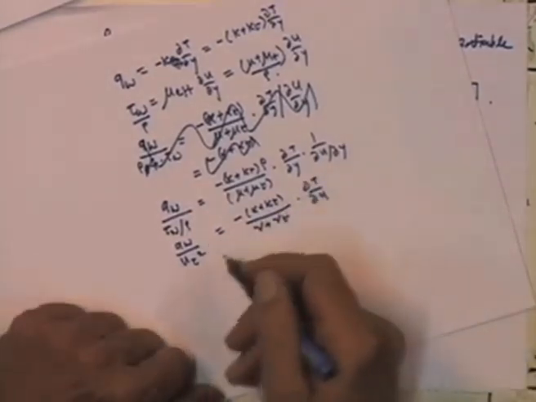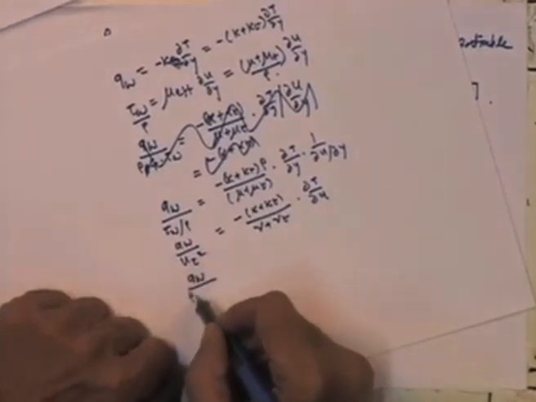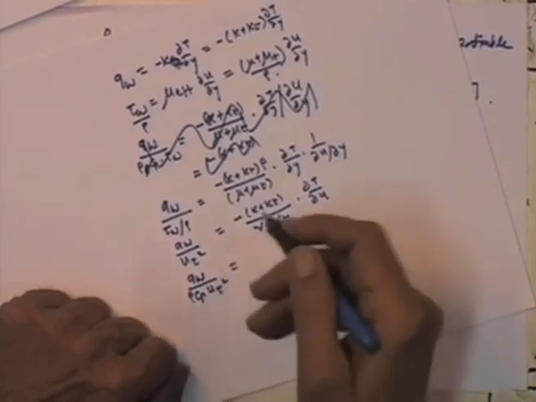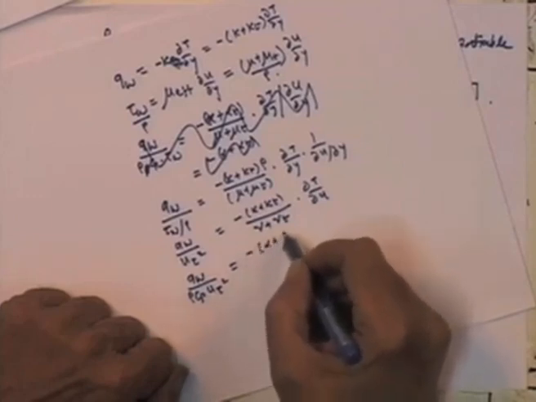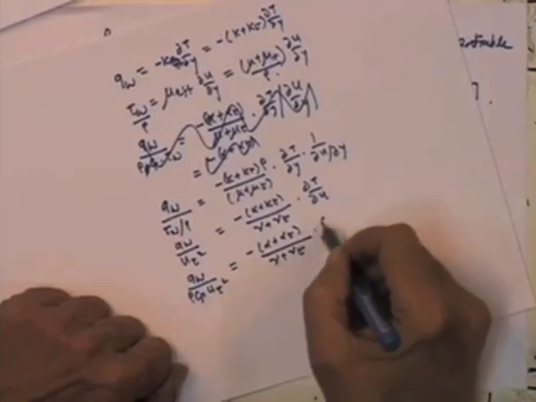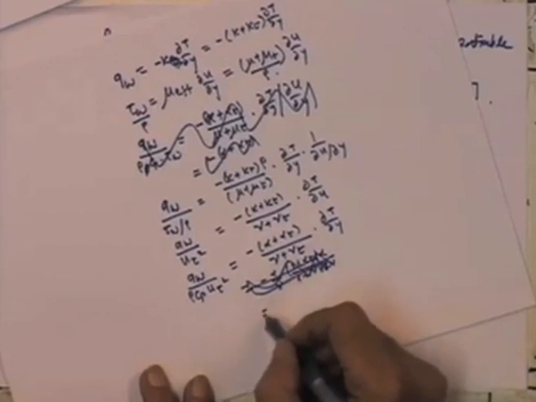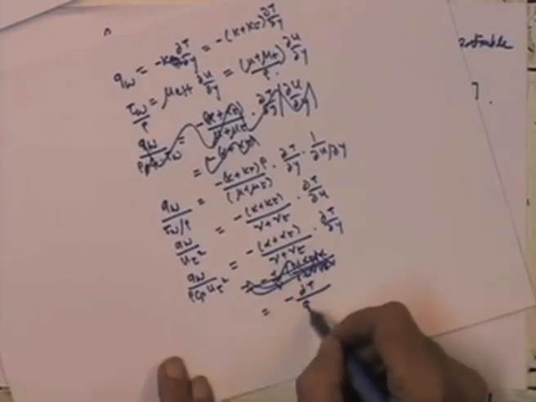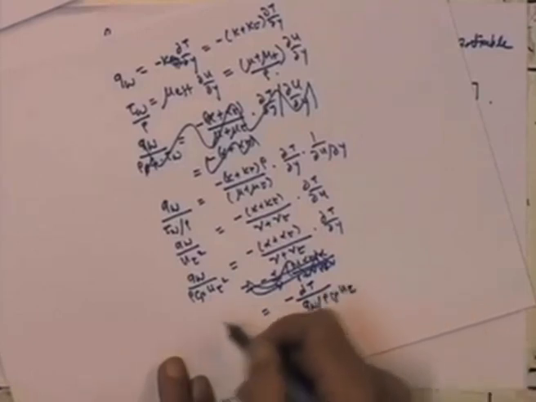If I divide this now by rho Cp, then I will get Q wall divided by rho Cp u tau squared equal to minus alpha plus alpha t over nu plus nu t, dT by du.